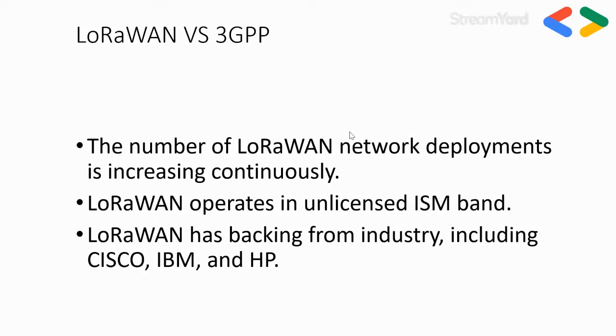So that's why LoRaWAN is the most favorable communication protocol in the realm of low power wide area network communication. We're going to talk a bit about LoRaWAN and where it performs well, some use cases where LoRaWAN is used, and see how their performance is.